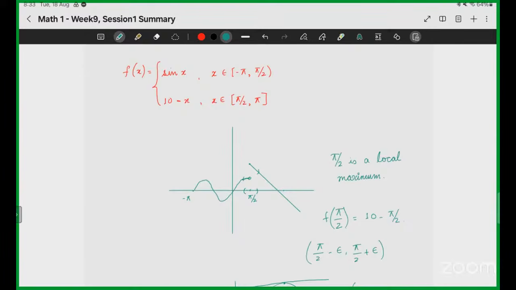Pi by 2, minus pi by 2 and minus 3 pi by 2.